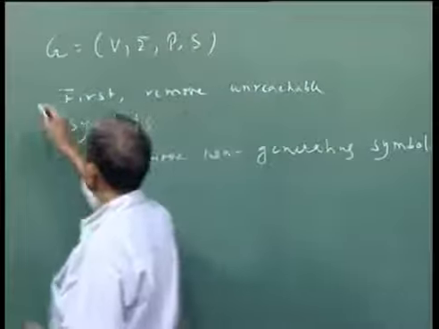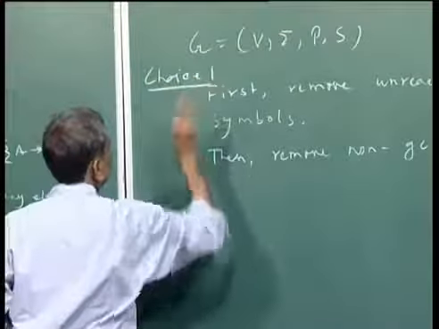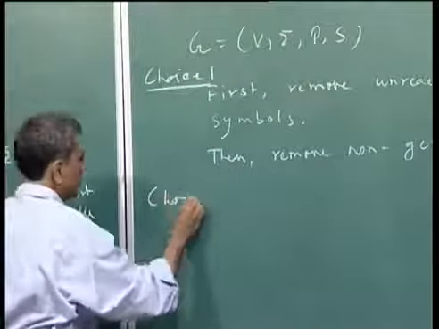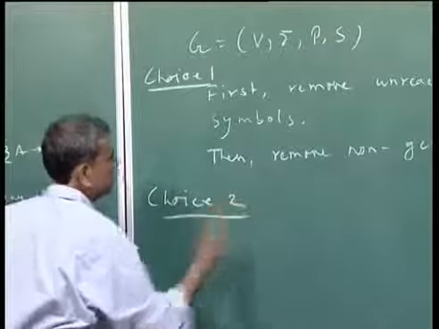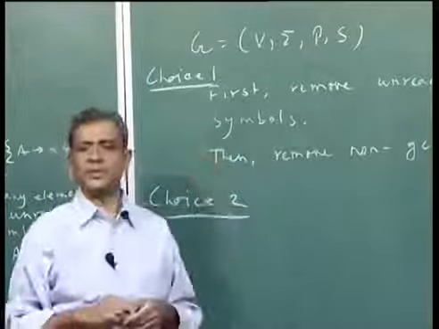So, this is my choice 1, and choice 2 is the other way. We first remove the non-generating symbols and then remove the unreachable symbols.